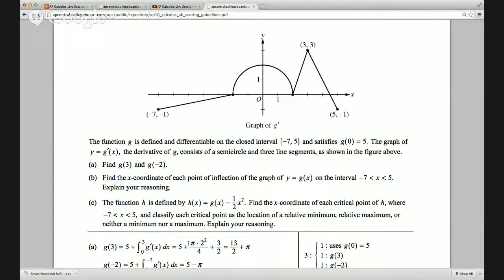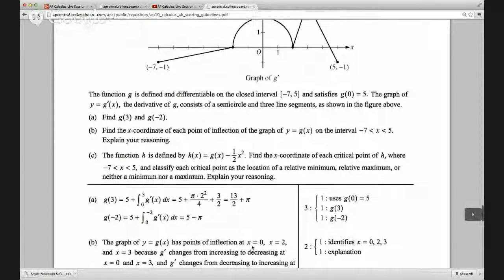So that's 3 over 2. And we have to add the 5 to it because that is our starting position. And we get that, and this is non-calculator. So we get 13 over 2 plus pi. You could leave it here. You don't have to simplify.